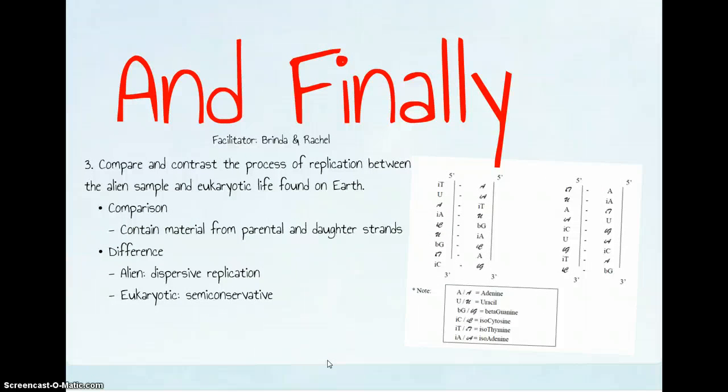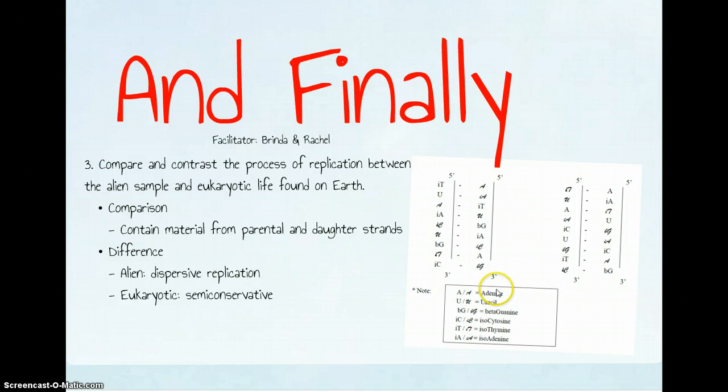Finally, we can look at our last question, which both Brenda and I facilitated on. This question called for us to compare and contrast the process of replication between the alien sample and eukaryotic life found on Earth. So in the comparison, we can see that they both contain material from the parental and the daughter strands. And if you look at regular eukaryotic DNA, you'll have one strand, and that'll be the parent. And if you look at the other strand, that'll be the daughter. So this one's pretty different.